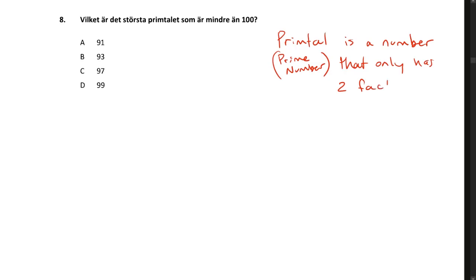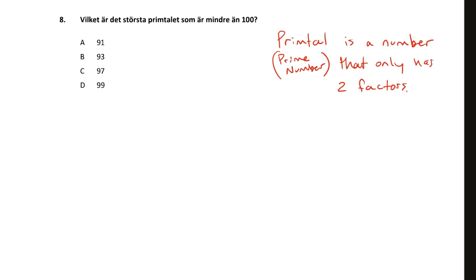So factors are numbers that multiply together to get you an answer. So for example, 11 is a prime number because you can only divide it by 11 and 1. 3 is a prime number because you can only divide it by 3 and 1.